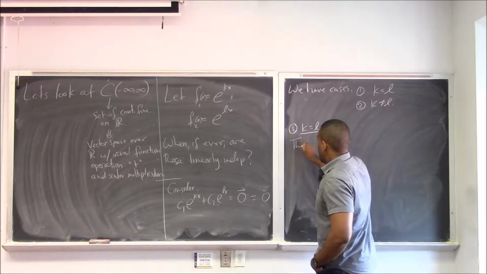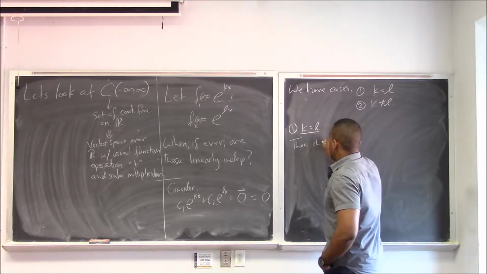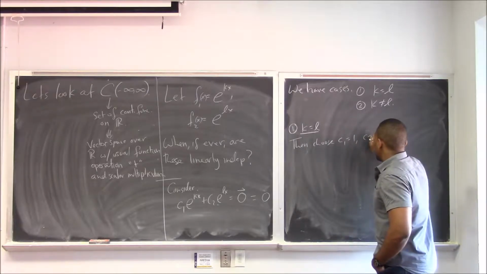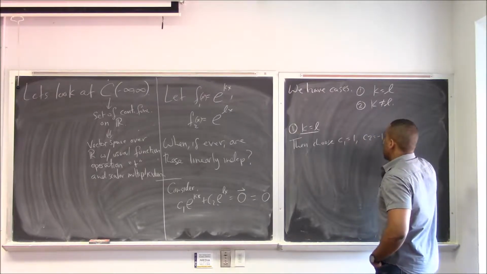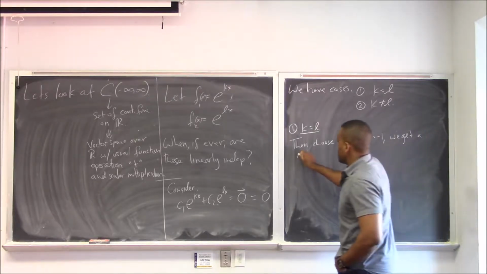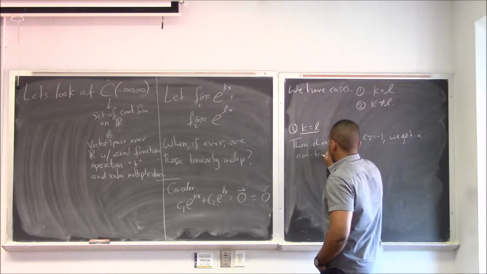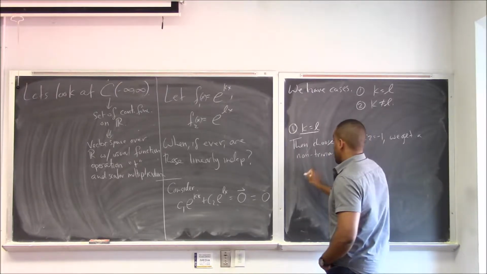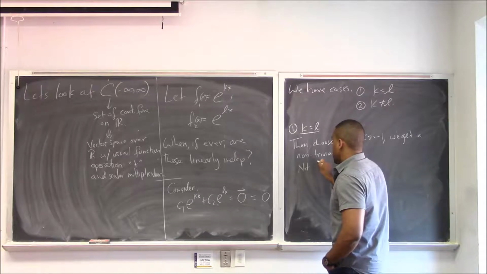Then choose C1 equals 1, C2 equals minus 1, we get a non-trivial solution. Okay, so it's not linearly independent in this case.